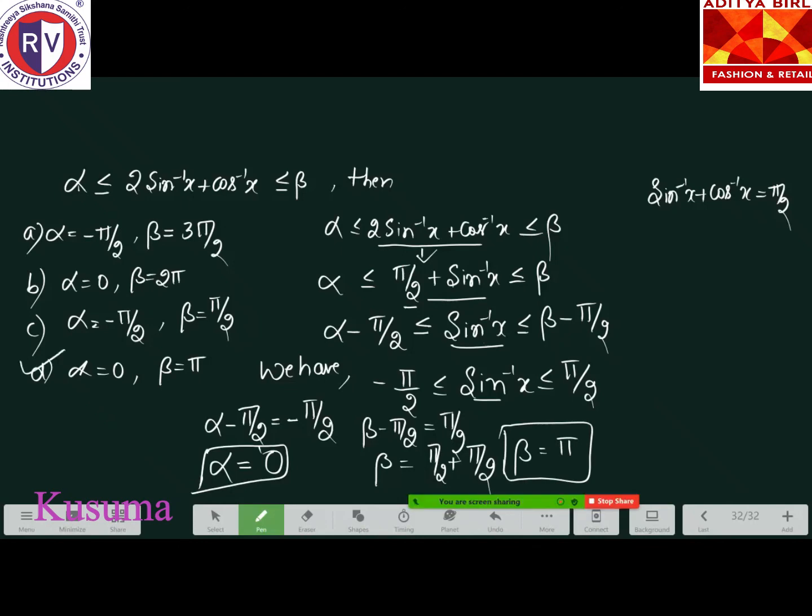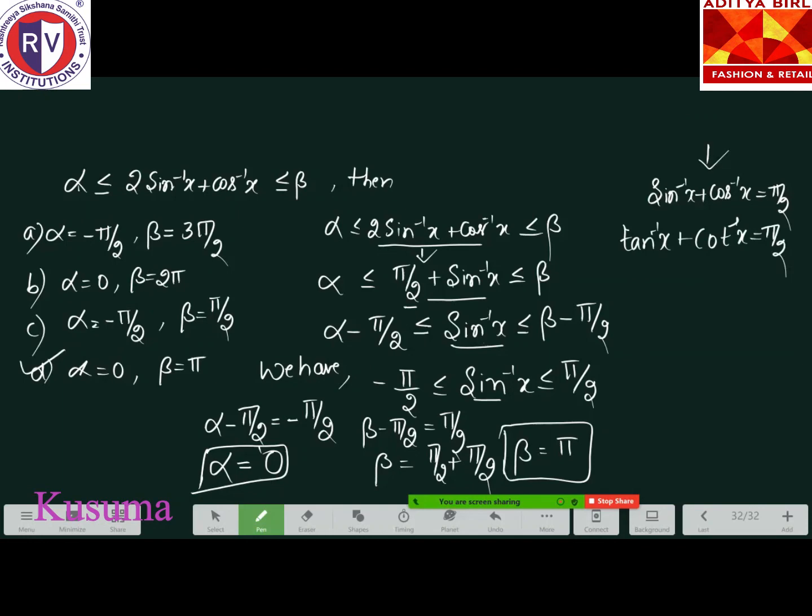So to solve this question, you must know this. That is sin inverse x plus cos inverse x will be equal to pi by 2. And similarly, we have tan inverse x plus cot inverse x is also equal to pi by 2.